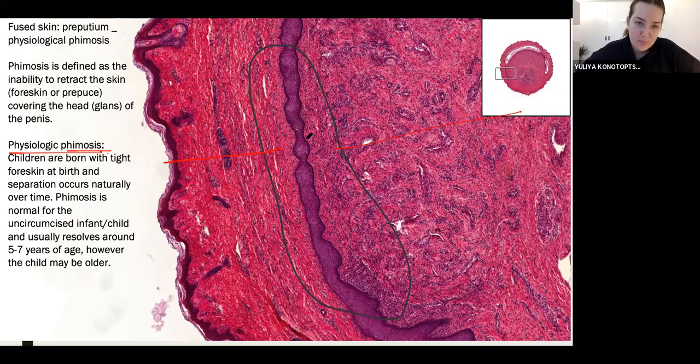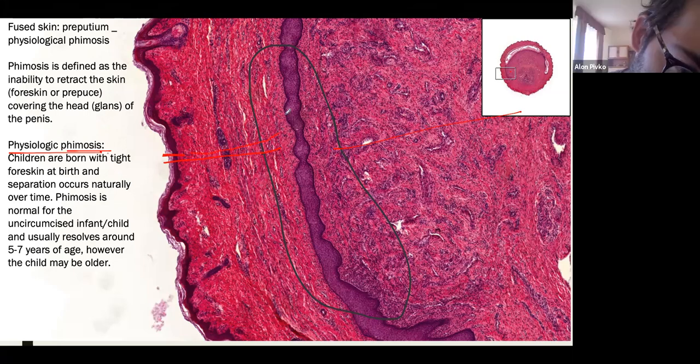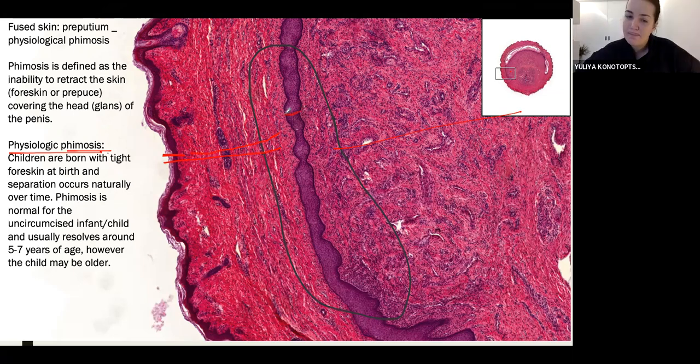So if this is the prepuce, what is this? This is the epidermis, and this is dermis. And then what is this? That's epidermis again, but that's going to be the epidermis of the glans of the penis, right?